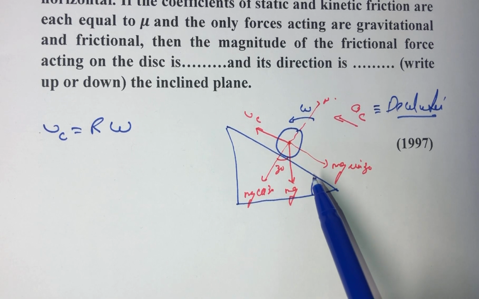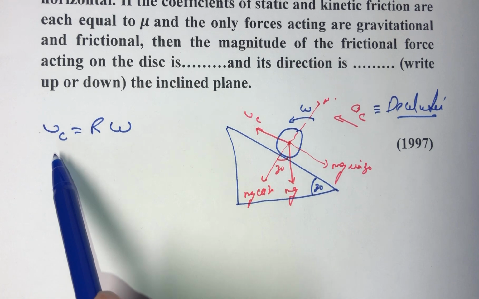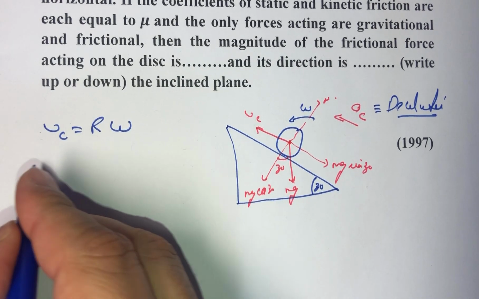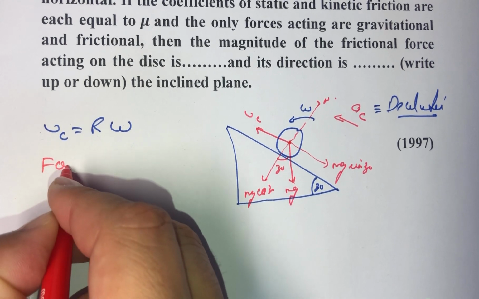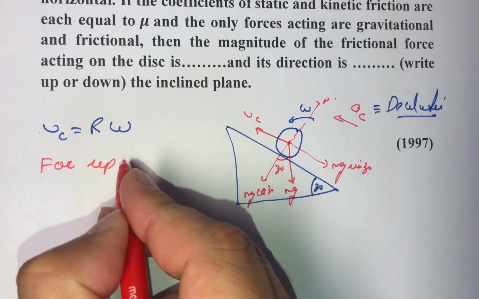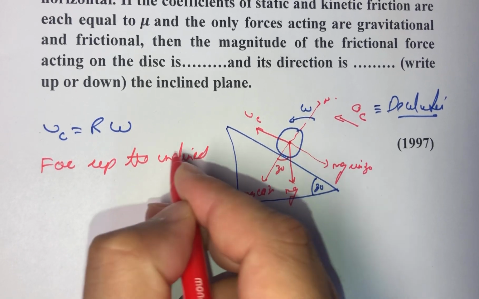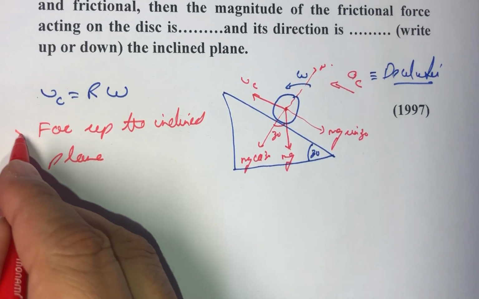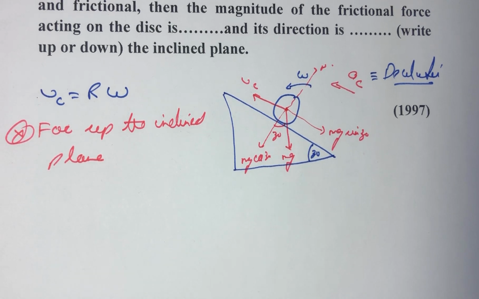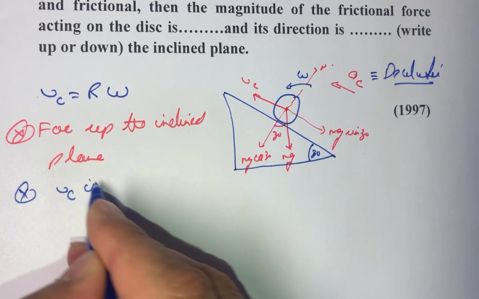As it is going up the inclined plane, Vc is decreasing.